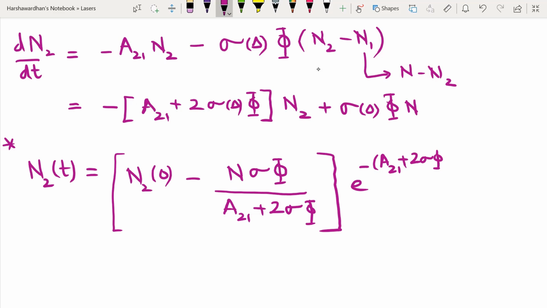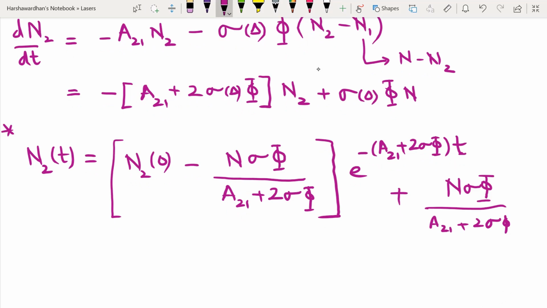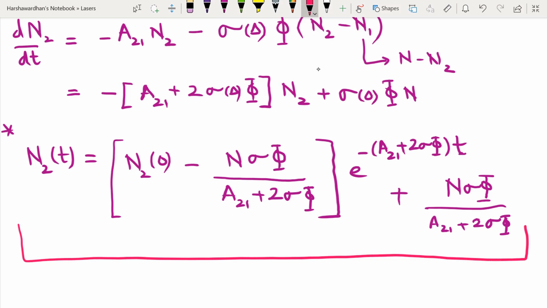These terms keep coming together, right? And we have to ensure that we satisfy the initial condition, which is that at time t equal to 0, we get N2 0. That would mean I have to add this constant, right? So this is my central result, and I'm going to analyze these in various contexts.